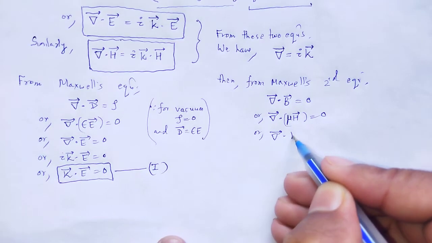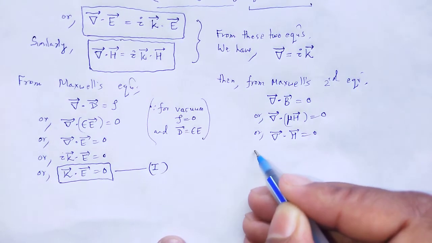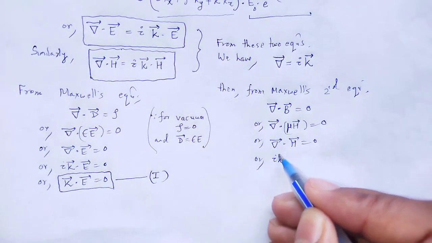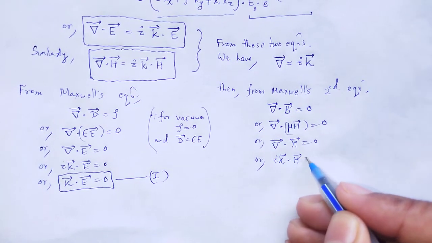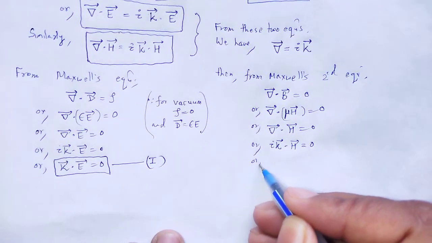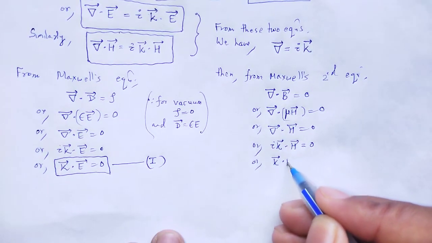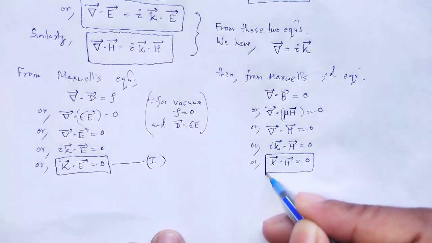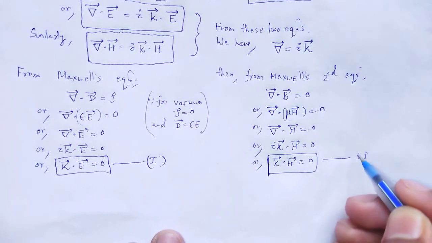Therefore, grad dot H is equal to 0, or in place of grad operator, i k vector dot H vector is 0, or k vector dot H vector is 0. That is equation number II.